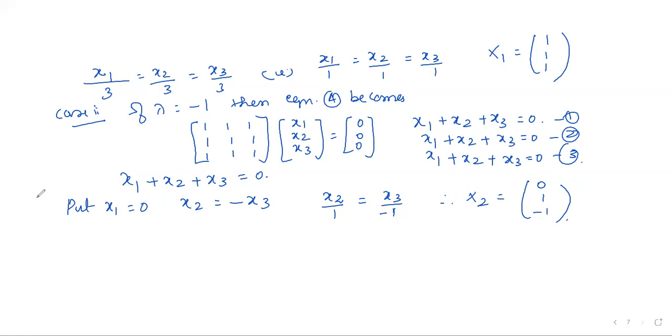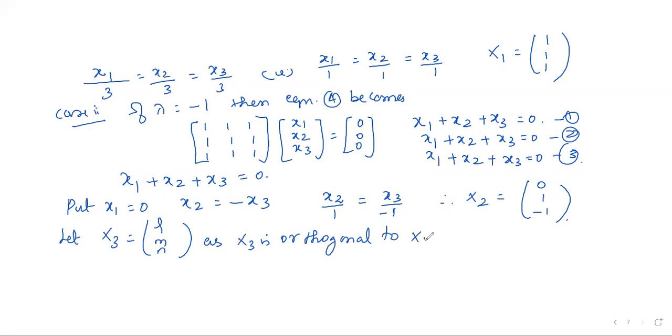Now in order to get the third eigenvector, let us assume x3 is equal to l, m, n. This x3 is orthogonal to x1 and x2. Why is it orthogonal? Because the given matrix is symmetric. So therefore, I can find x1 transpose x3.